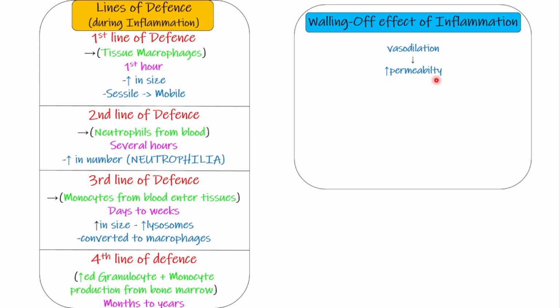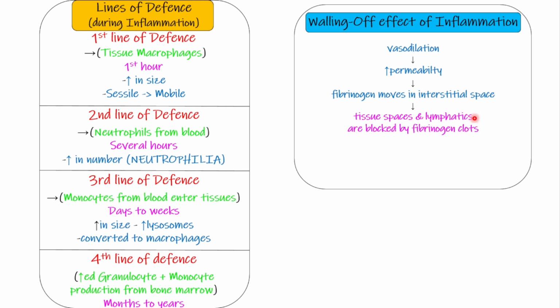So when there is increased permeability of blood vessels, a lot of fibrinogen present inside the blood will move out into the interstitial spaces. Because of the increased permeability, as the WBCs are moving out into the interstitial spaces, fibrinogen will also move out into the interstitial spaces.